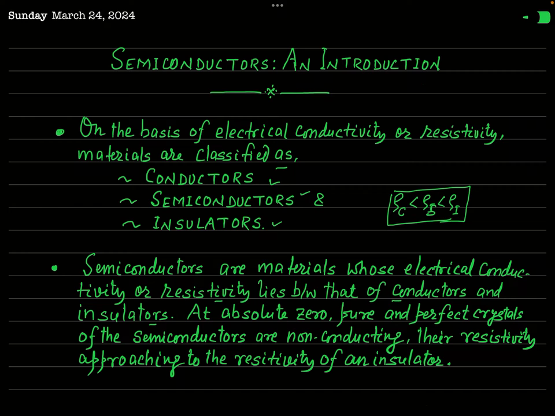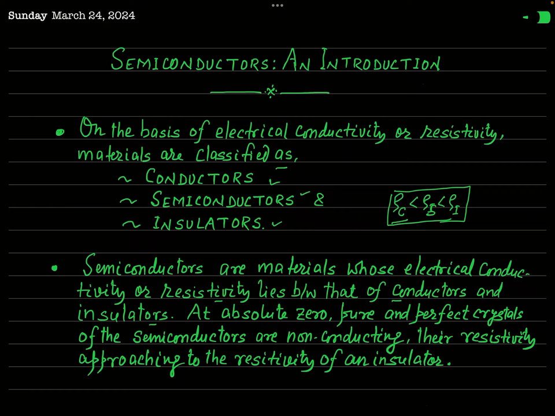In fact, we will learn after some time that the electrical resistivity or conductivity of a semiconductor depends on temperature. At different temperatures, the same material will have different resistivity and different conductivity.